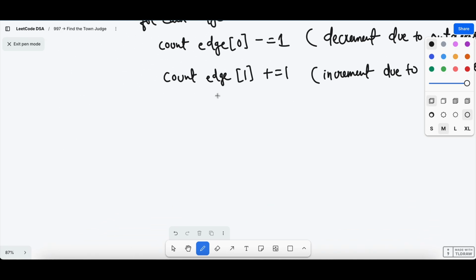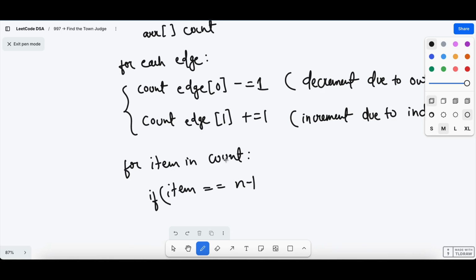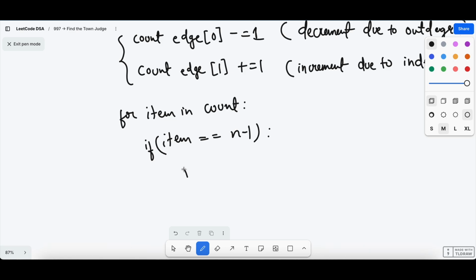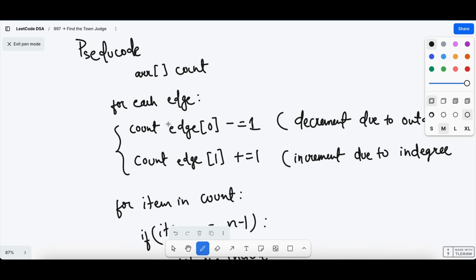After that, you have to search for the item in the count array that equals n minus 1, and return the index.